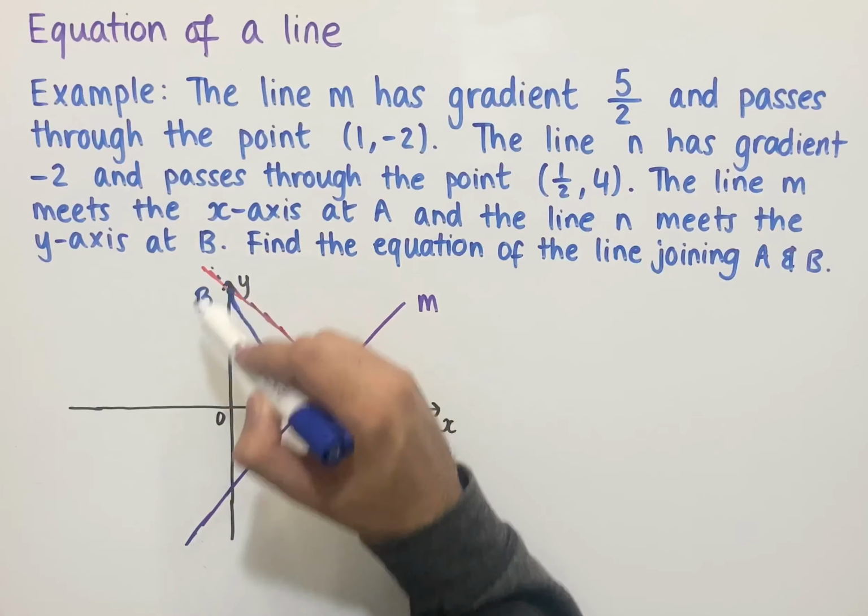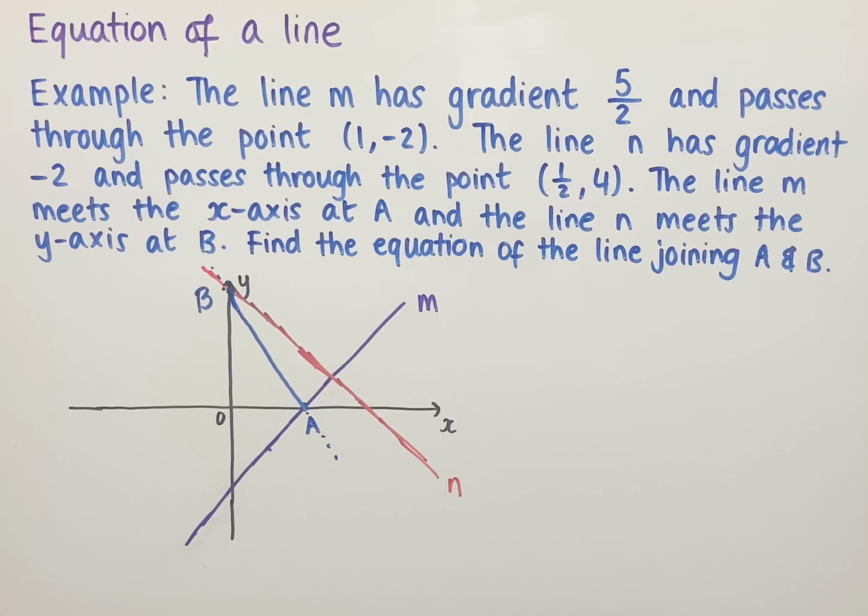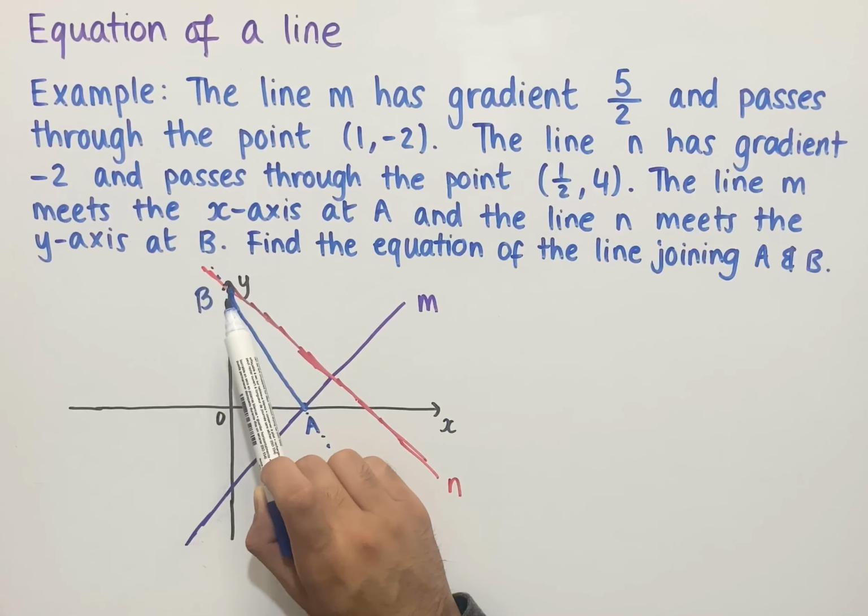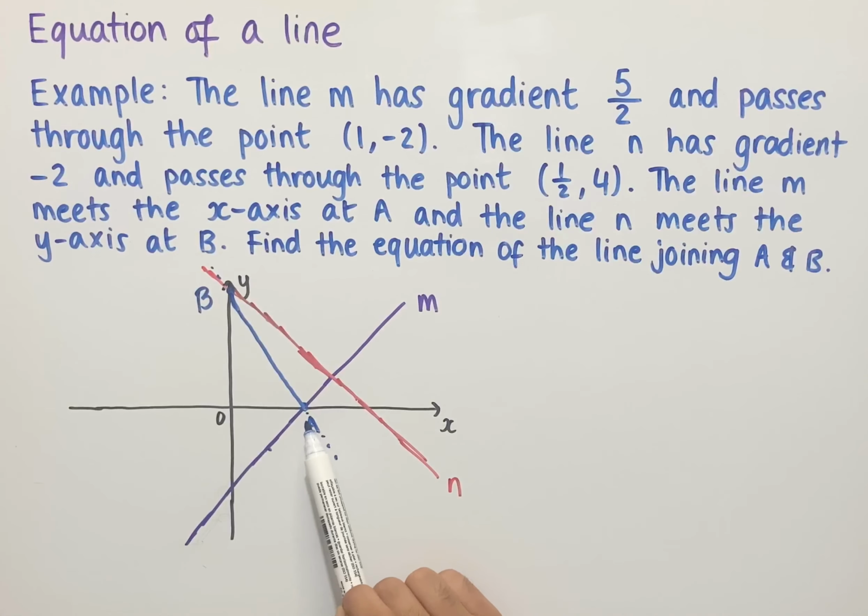Now, the way we can do that is we can first work out the equation of the line M, then we can work out the equation of the line N, and then we can work out the coordinates of the point A, and the coordinates of the point B. Once we've got the coordinates of these 2 points, we can then find the equation of the line that joins the two together.